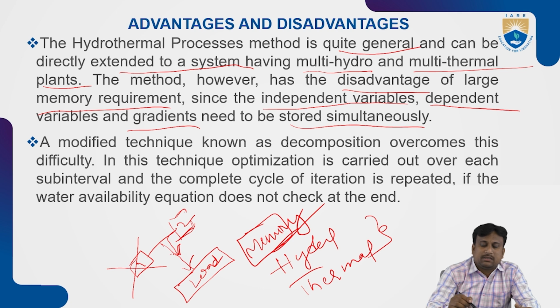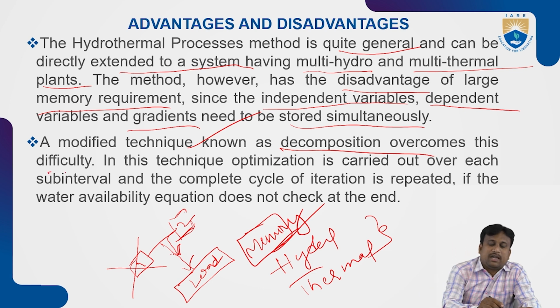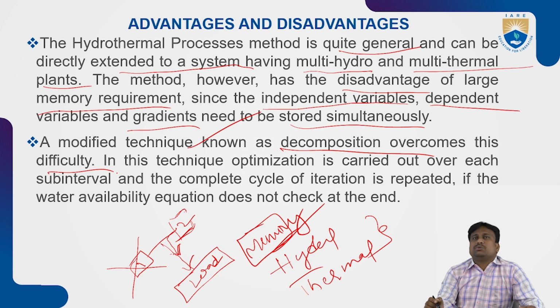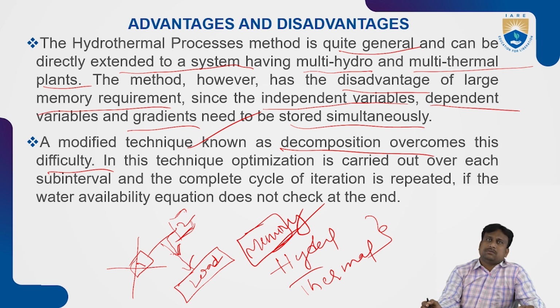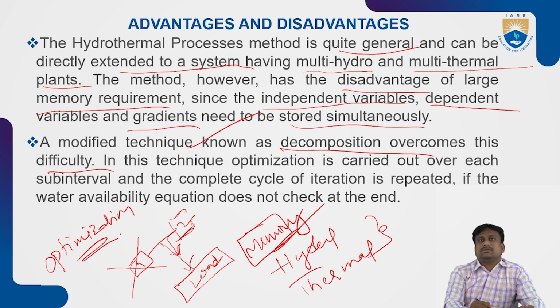So for this, we use a modified technique called decomposition. What does decomposition mean? It helps overcome the difficulties faced due to memory occupancy, which is minimized by one of the optimization techniques. These are most important in the power system network, reducing memory occupancy.